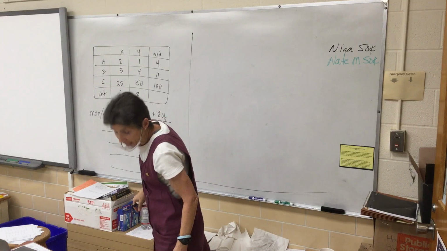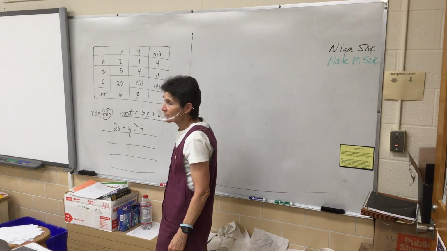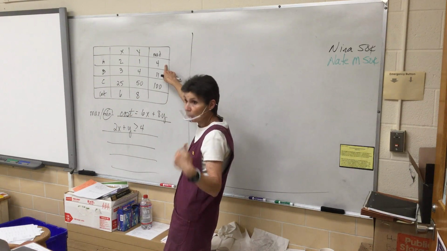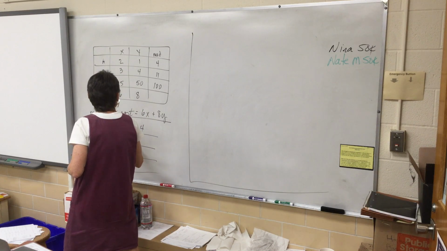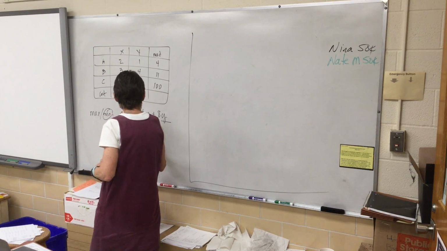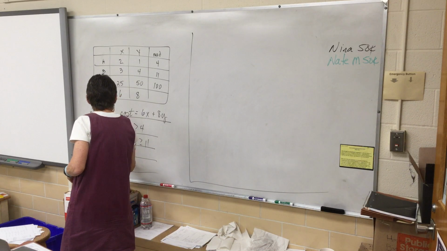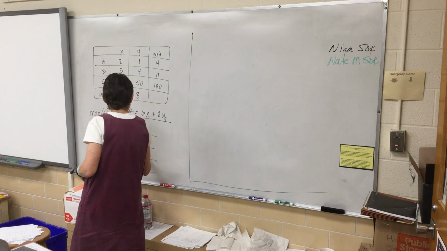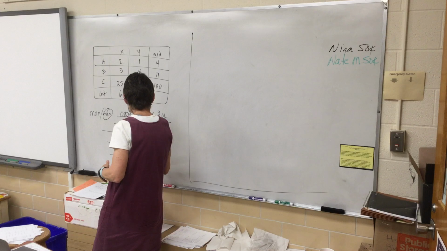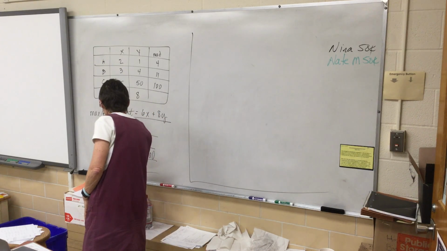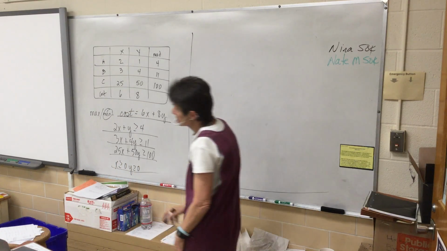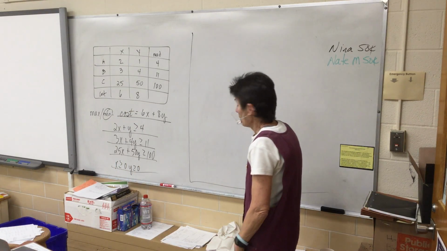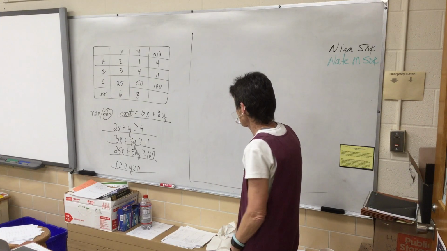So if Ted wants to stay healthy, he has to have at least 4, which means 4 or more. 3x plus 4y is greater than or equal to 11. And 25x plus 50y is greater than or equal to 100. And then our gimmies, obviously, the number of pills I take are positive. I can't take negative pills.